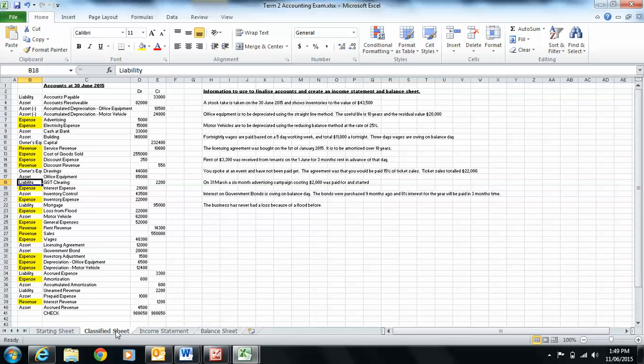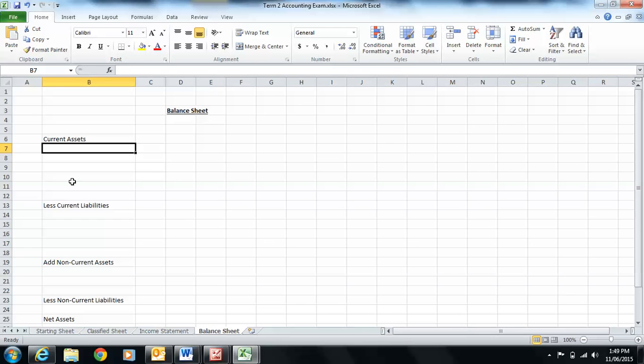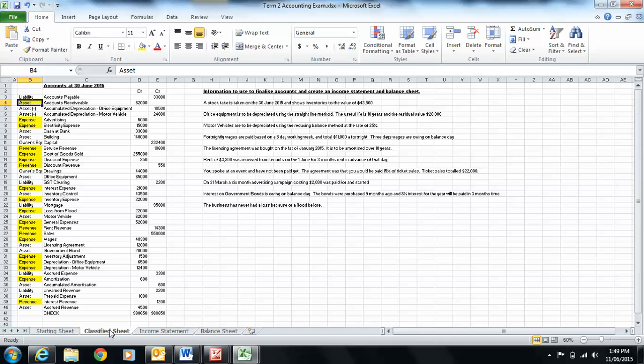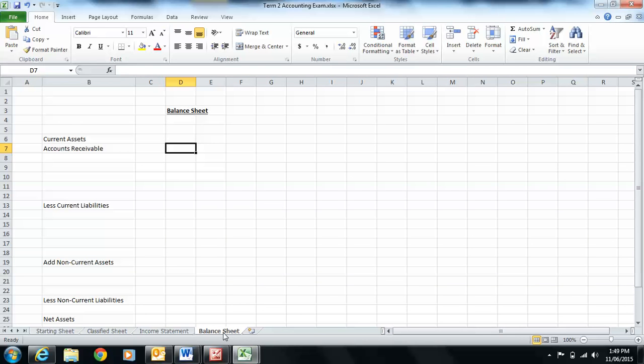So let's start with our current assets. If we go over to our sheet here, and we'll keep marking them off as we go, accounts receivable are a current asset. So let's pop that into the balance sheet. And that has a value of $82,000. We have quite a lot of people who owe us money.